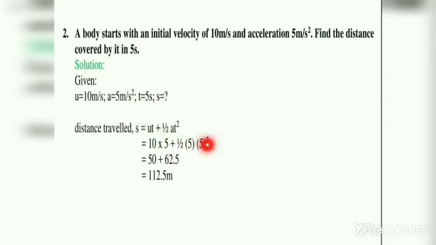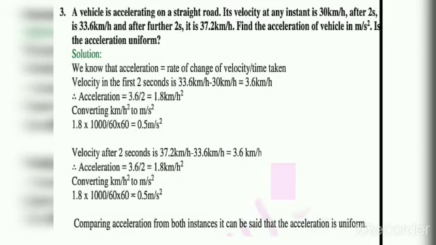Just substitute the values you have got into the formula. 10 into 5 gives you 50, and here 25 into 5 divided by 2 gives you 62.5. Adding these, you get 112.5 meters. So the distance traveled is 112.5 meter. We'll see the next problem.